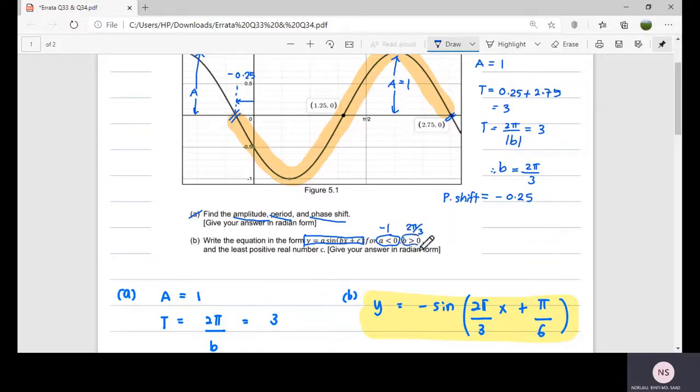And here, we need to find the least positive real number of C, which is the smallest number of C, and C must be a positive real number.